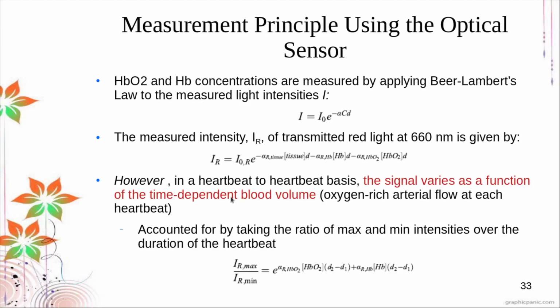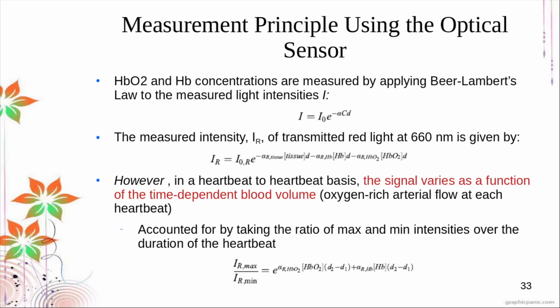But there's a caveat here, because on a heartbeat to heartbeat basis, even in the pulse in your fingers, there's a difference between the amount of SpO2 in the arterial blood, which is oxygen rich, and that in the venous blood, where the oxygen has already been distributed to the rest of the body. So there's a signal difference at each heartbeat, at each pulse rate.